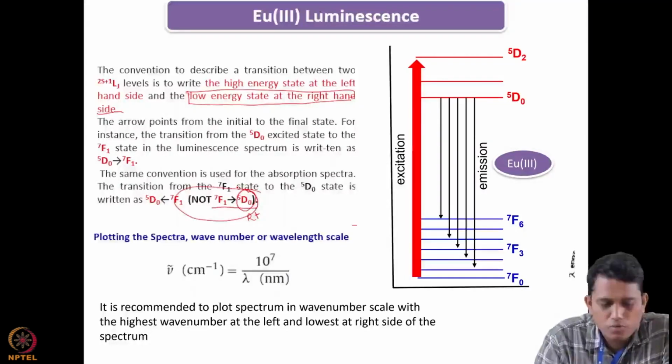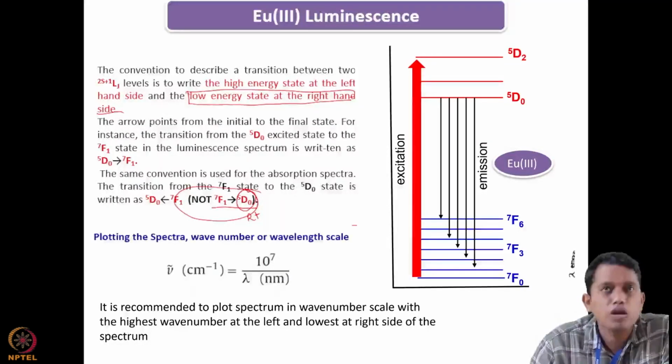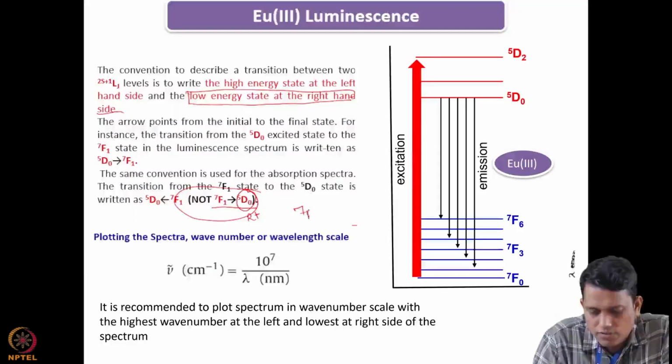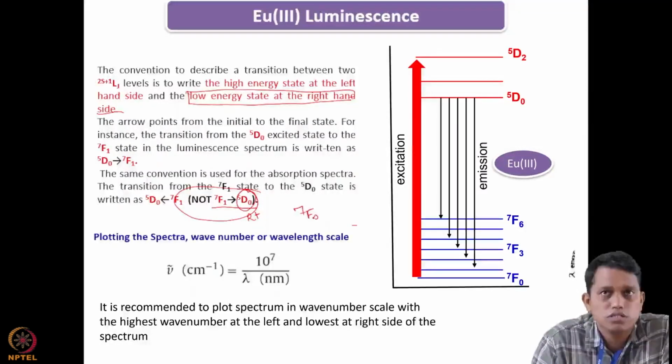So we have to always keep this in mind, that whenever we are writing, my low energy state should be on the right hand side. What is my low energy state here? Suppose it is 7F0. So this is my low energy state. This should be on the right hand side, and my high energy state, suppose 5D0, should be on the left hand side.